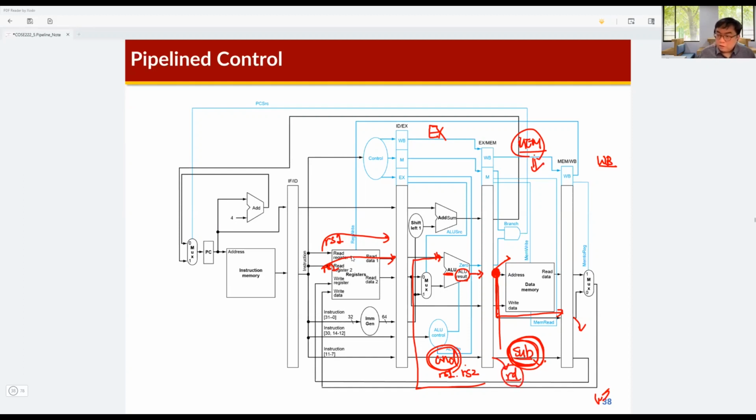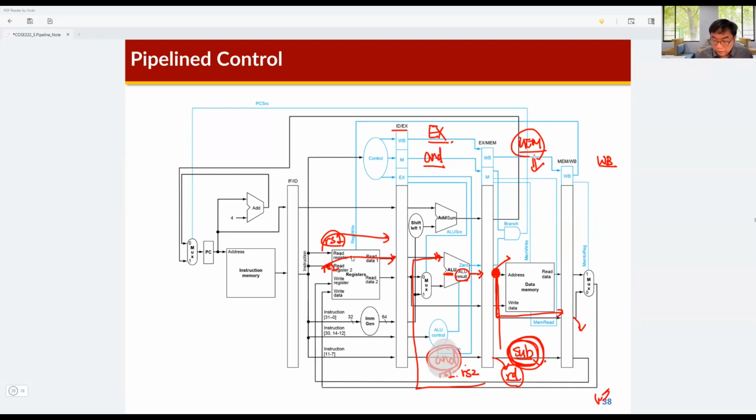And then where are the RS1 and RS2 of the AND instruction? The AND instruction is in the EX stage. So in order to check the forwarding condition, we need to deliver RS1 and RS2 through the ID/EX pipeline register.